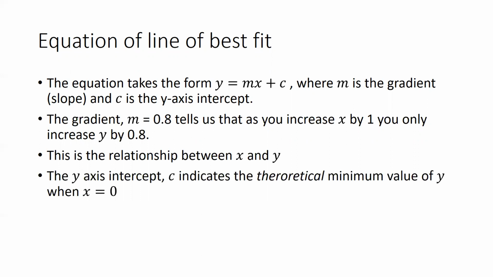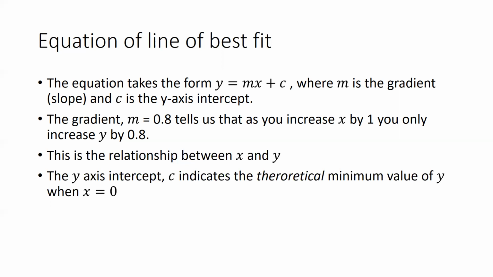Just to point out, when we look at c, the y-axis intercept, this is a theoretical minimum. The value of c is where x equals 0, and usually in life things aren't 0. If you think of someone's BMI, no one has a BMI of 0.